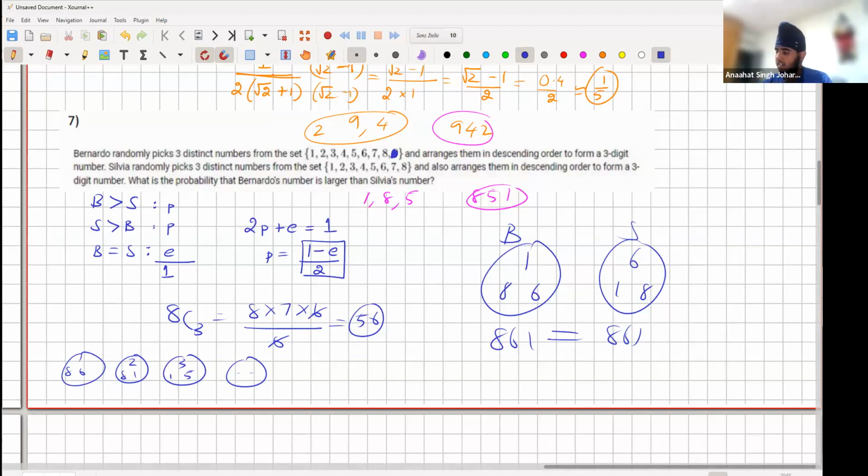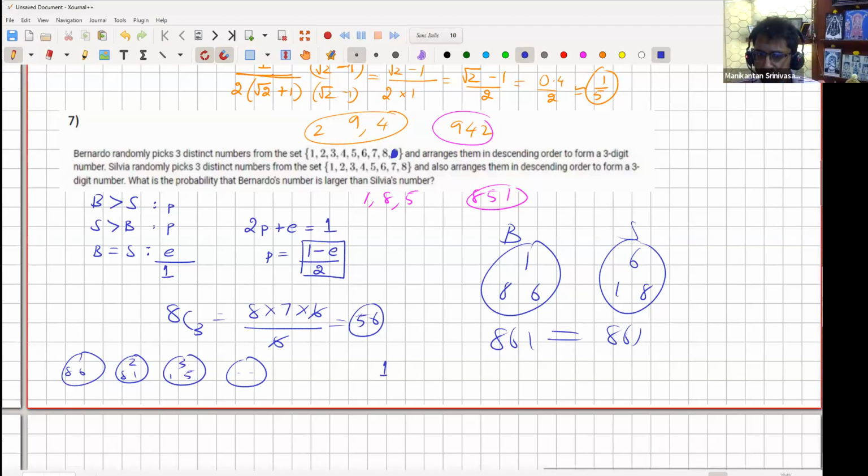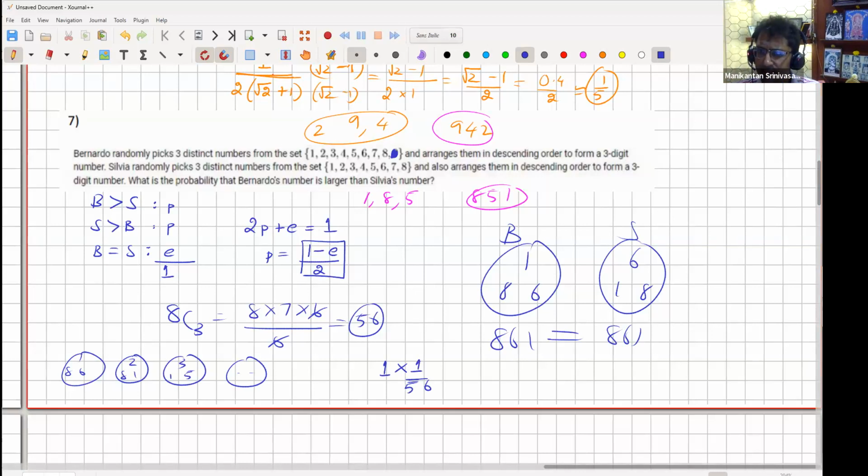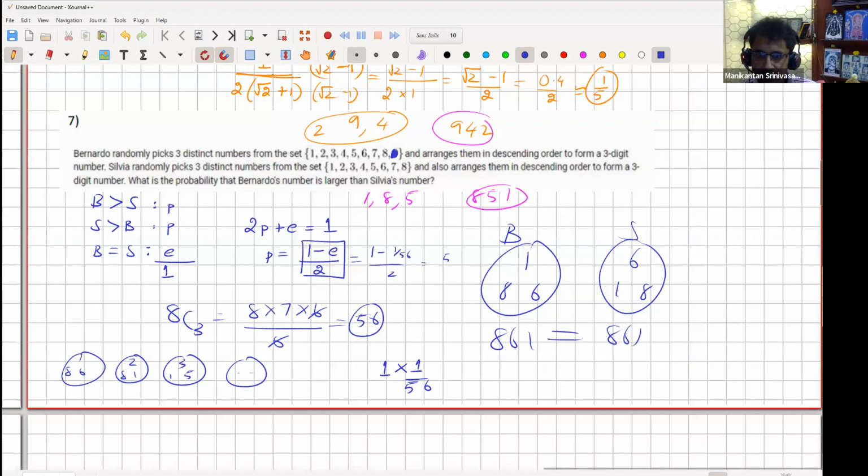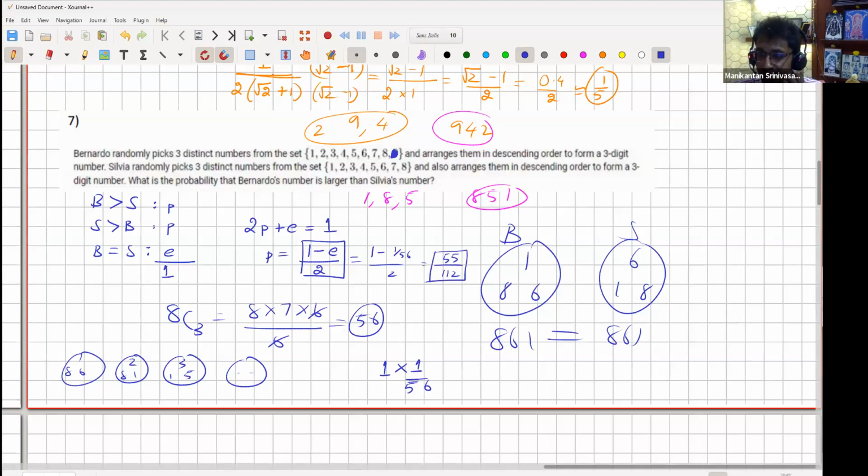Bernardo can pick anything, and you have to pick one of those 56. That's it. Does it make sense, Ananya? So E is just 1 over 56, and therefore this is 1 minus 1 over 56, divided by 2, which simplifies to 55 by 56 into 2, that is 55 by 112. Does this make sense?